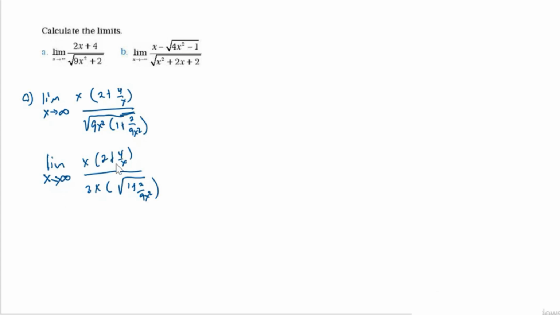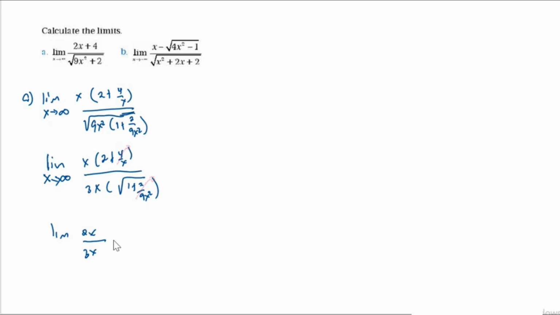So 4 over x will be equal to 0 according to the property of the limits, that the limit of 1 over x as x approaches positive infinity is 0. Including also the 2 over 9x squared in the denominator, this is equivalent to 0. The remaining terms: we have the limit of 2x, because x times 2 is 2x, all over 3x times the square root of 1.